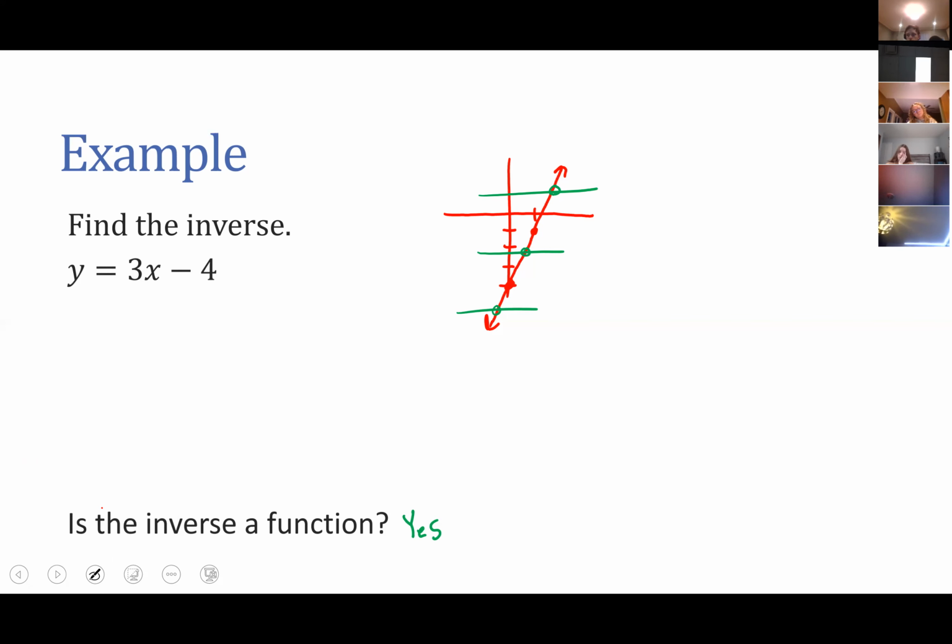All right, let's go ahead and find the inverse. So step 1, we switch the x and y. So it becomes x equals 3y minus 4. Now we want to resolve this and get the y by itself.